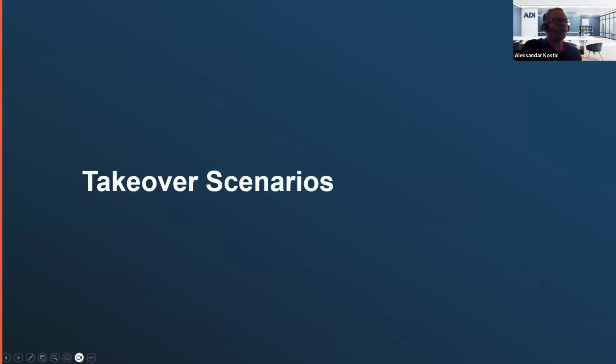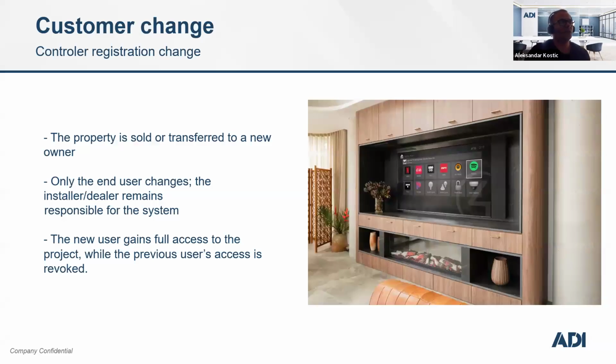So the first takeover scenario is where we have the change of the customer account on the project. This example covers the scenario where the old customer, for example, moved out of the house, a new customer moves in, and the dealer, that means the installer who is maintaining the project, remains the same.